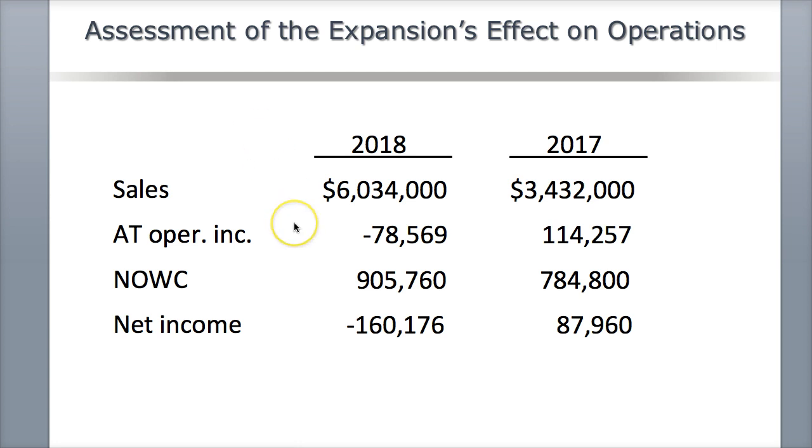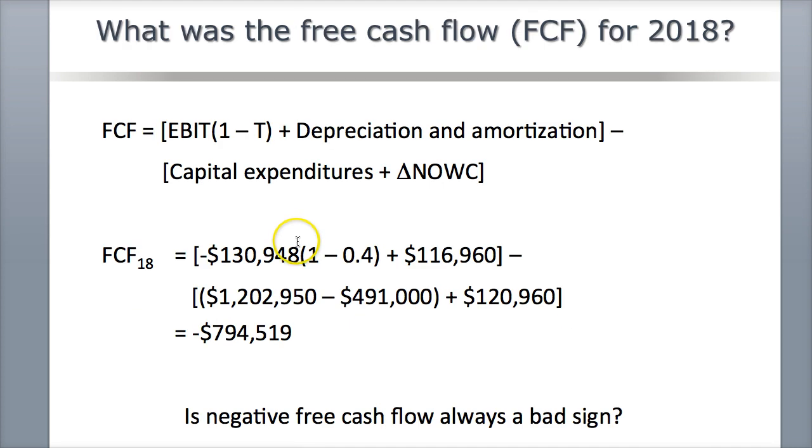So here we have sales of $6 million versus $3 million. Our after-tax operating income has decreased. Our net operating working capital has increased, but our net income has decreased. So the expansion is sort of a failure at this point. It has not really generated much of what we wanted it to generate for us.